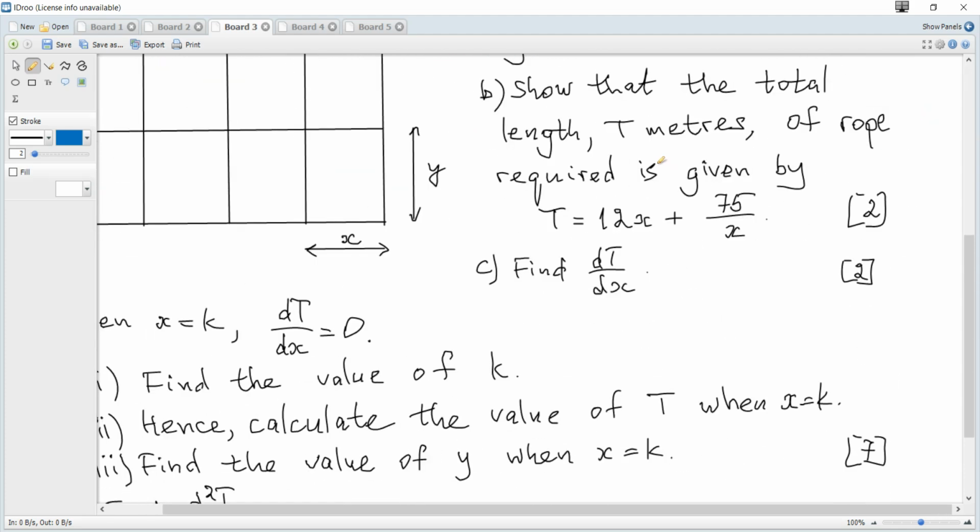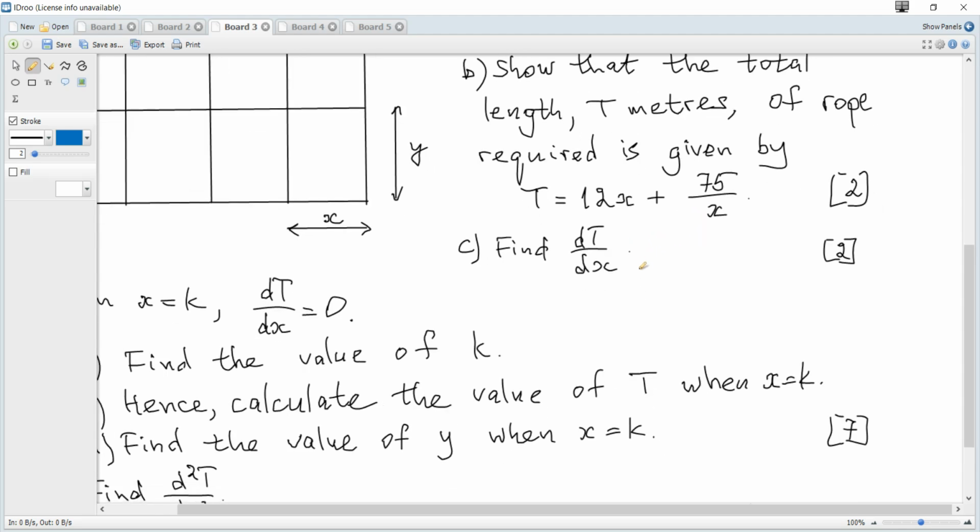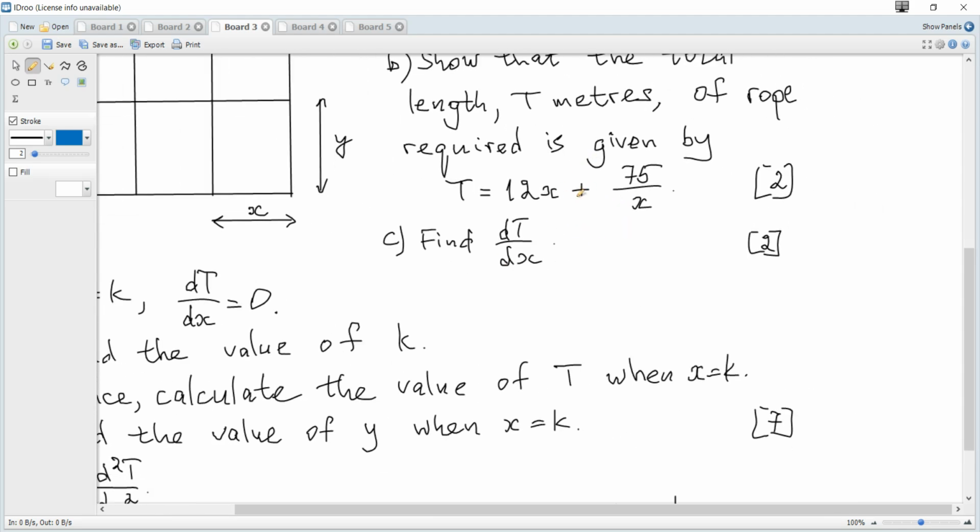Question C. Find an expression for dt over dx, the derivative of t with respect to x. You can see that t is a sum, and the derivative of a sum is the sum of derivatives, and we apply that the derivative of x to the power of n is n x to the n minus 1.